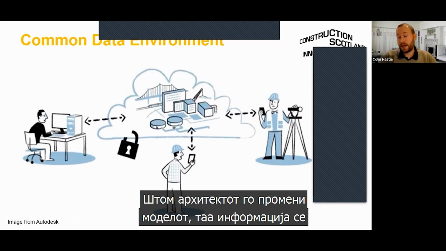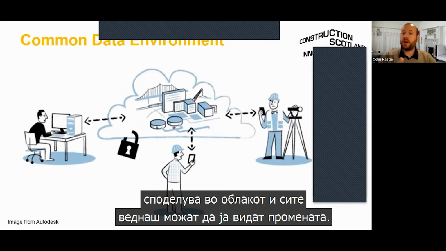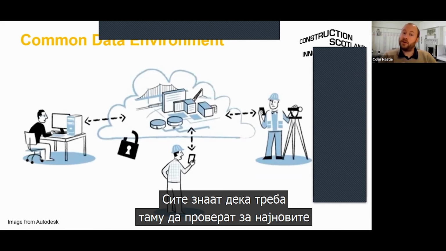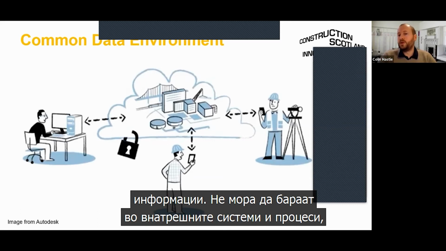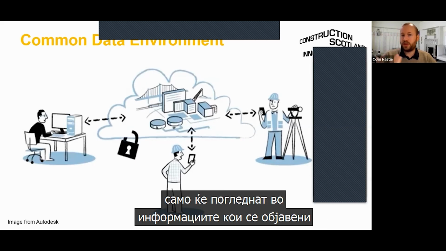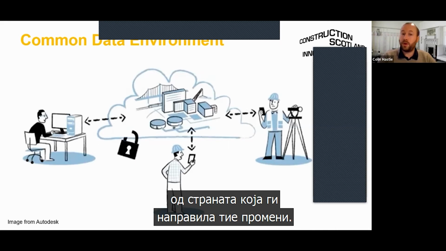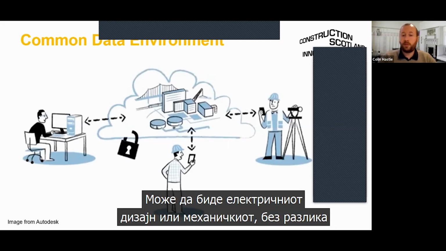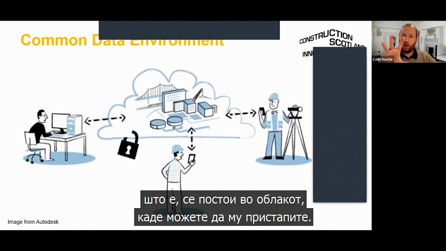As soon as the architect updates their model, they share that back to the cloud, and everybody can then see that instantly. Everybody knows that if they're looking for the latest information, that's where to look. They don't need to rely on their own internal filing system or process, because they can look at the information that has been put there by the party that created it. It may be the electrical design, it may be the mechanical design, whatever it is, it all exists in the cloud and everybody can get access to it.